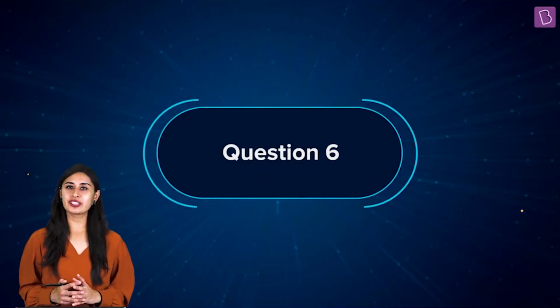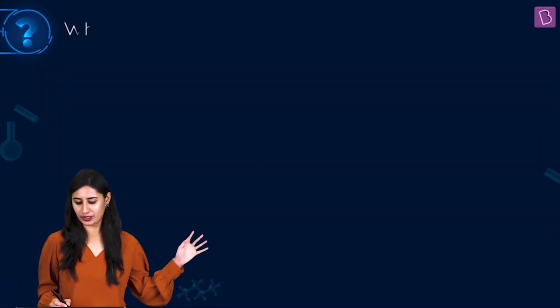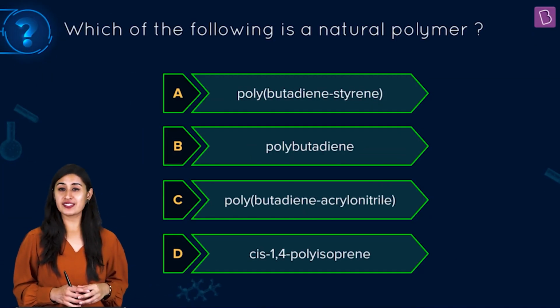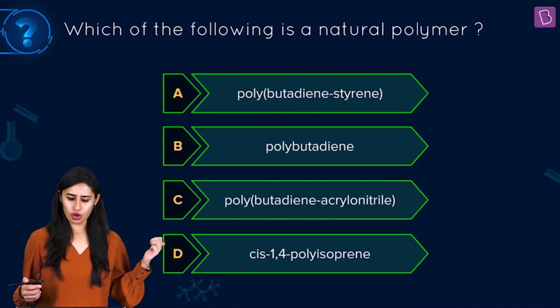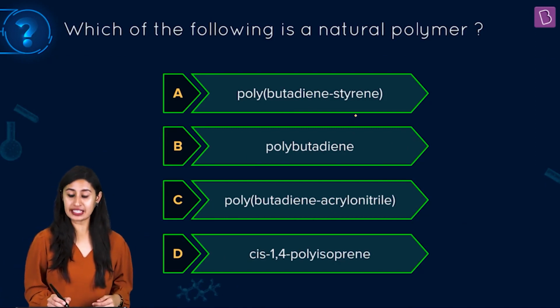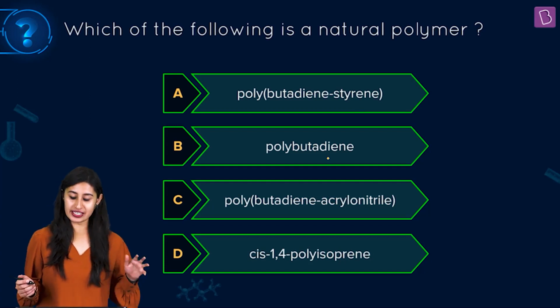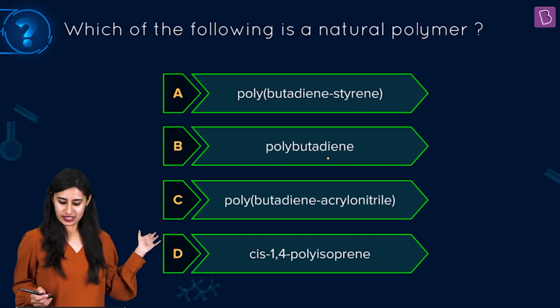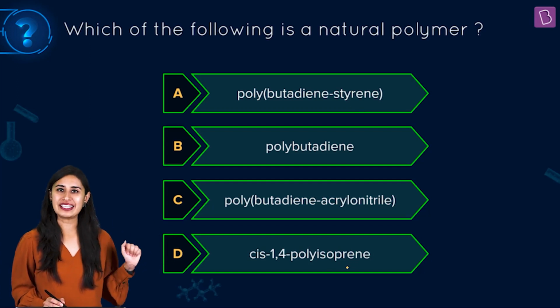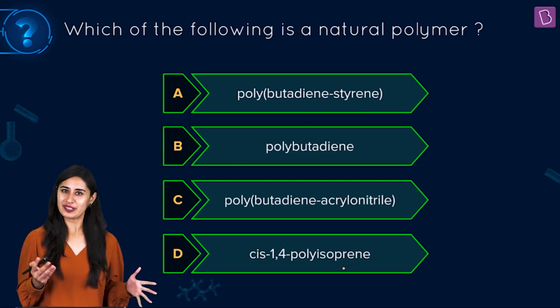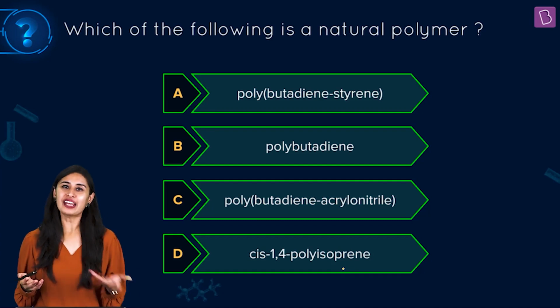Now let's have a look at this breezy question with a breezy solution. Which of the following is a natural polymer? And the options are polybutadiene styrene, polybutadiene, polybutadiene acrylonitrile, cis-1,4 polyisoprene. Well, you know it or you do not know it, and you must know it.